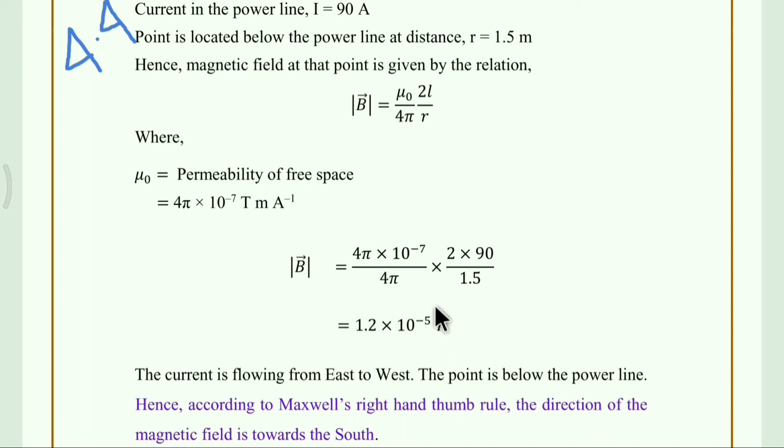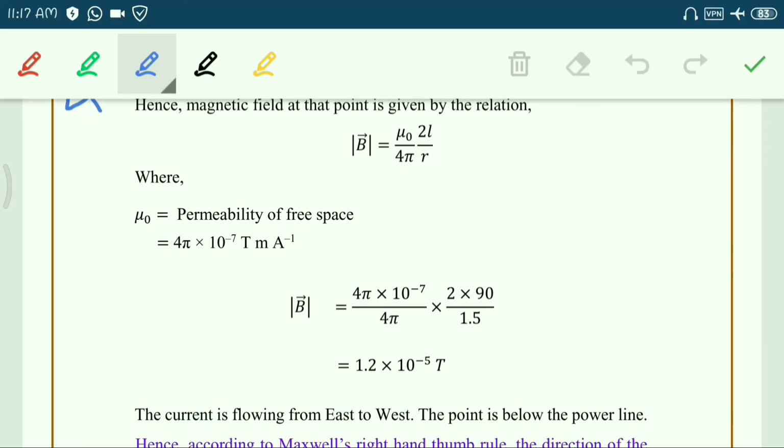Up to this, each and every student can reach here. But if your concept is not clear, you cannot tell the direction. The current is flowing from east to west, and you are below the power line.